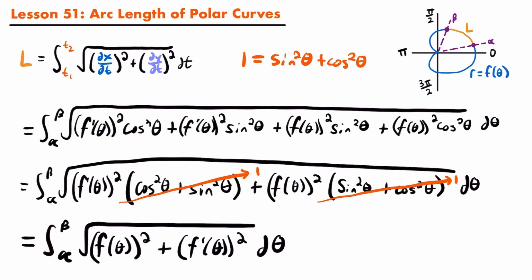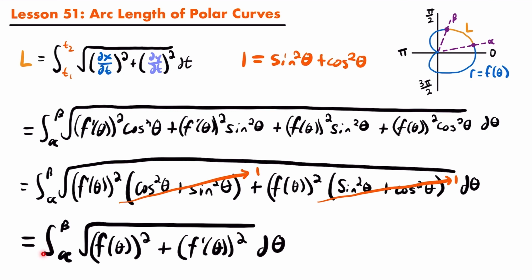We just integrate between the two angles of theta that we want to know the arc length between of the square root of f of theta squared, and f of theta is just whatever your polar equation is, right? R equals f of theta. And then you're adding that to f prime of theta squared, which is just the derivative of your polar equation that represents your polar curve.